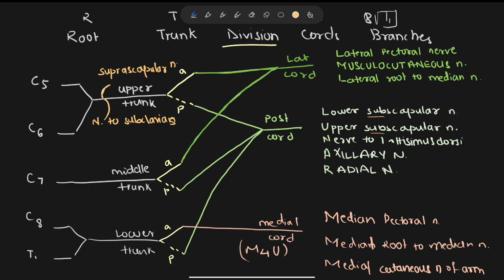we have two more branches which come from the roots. We have done the upper trunk, right? Now it is the C5 root. Which nerve can it be? It is the dorsal scapular nerve.